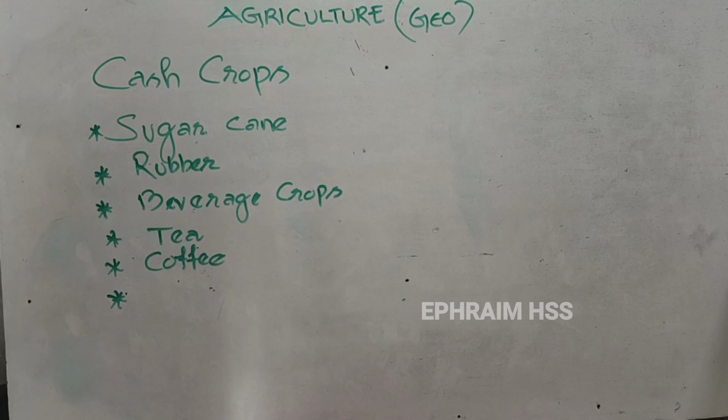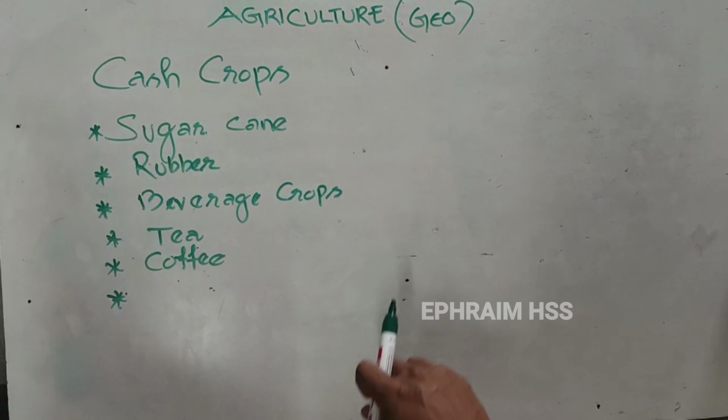The types of soil required for the growth of sugarcane are fertile alluvial soils as well as black soil, and manure is also needed.